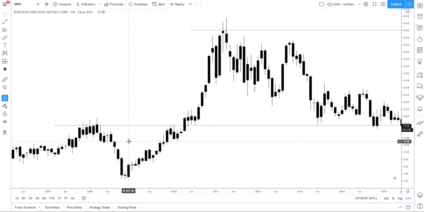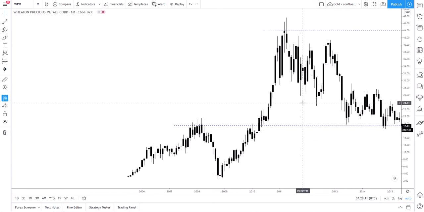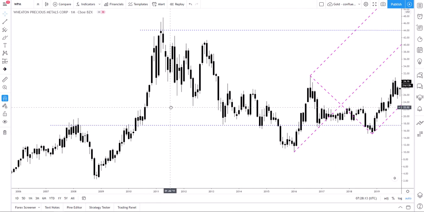When I see a support resistance level like that, I expect that there is a likelihood that price will interact with that level again in the future. And that's exactly what we're seeing here. Price is testing it for support again, support again, support again.